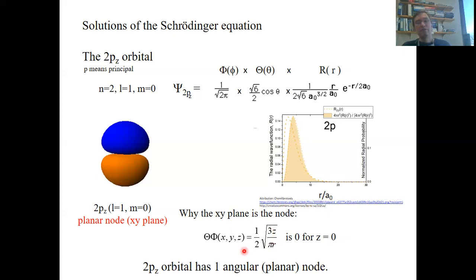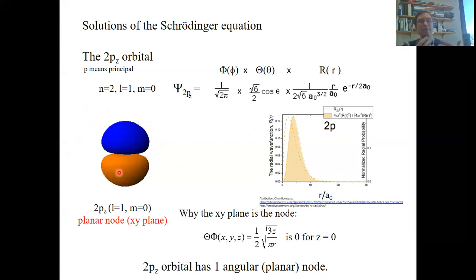You can say that the xy plane is an angular node because it's imposed by the angular part of the wave function. Because it has the shape of a plane, we can call it a planar node. Because it's a node, the algebraic sign of the wave function must change at the node. So above the xy plane, the amplitude of the orbital must be different than below the plane.